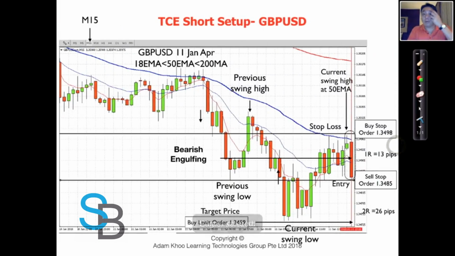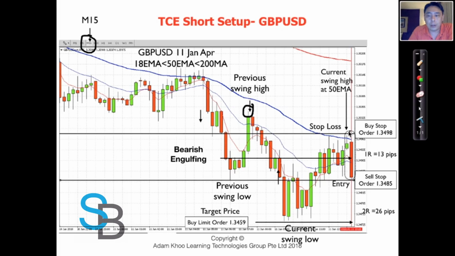All right, so let's look at a few examples of the short setup. First is the pound dollar, and again, we are looking at the 15-minute candle time frame, and the entry was right over here. Okay, so again, do we see a downtrend pattern? Notice that the moving averages are in the downtrend sequence. Notice that we have got the lower highs and lower lows. This is the previous swing high.